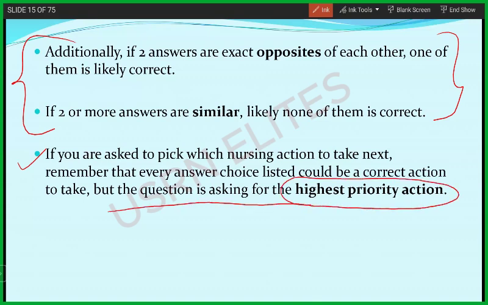So you can't go to the NCLEX without knowing your prioritization. Every question that comes up, be guided by your prioritization. Let it ring a bell in your mind.